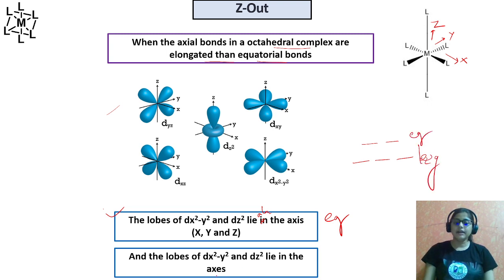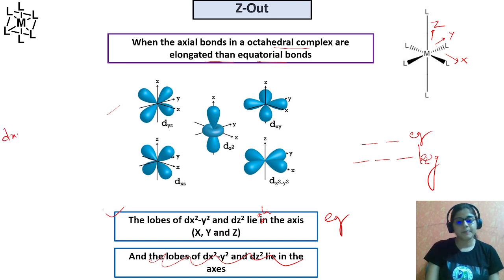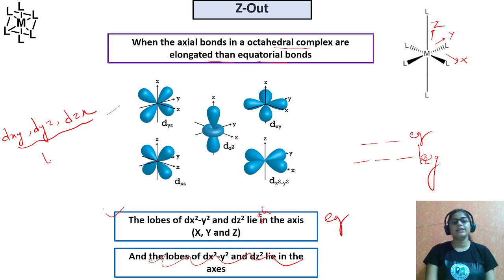And the T2G are dxy, dyz and dzx. These three are called T2G, and here the lobes are in between the axes. Fine, these 2 points you have to remember.